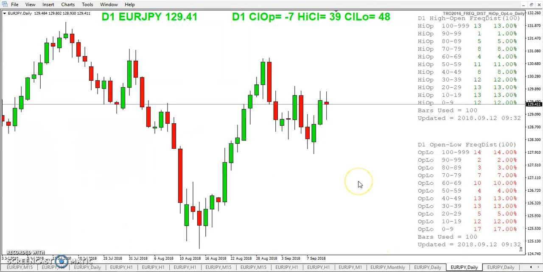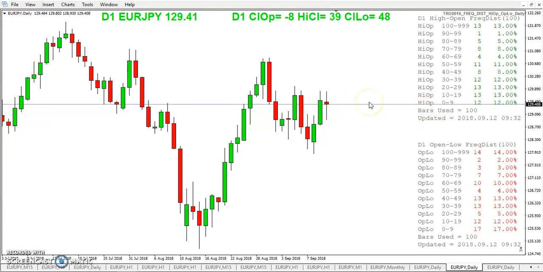Now, another one is the buy zone. High minus open and the open minus the low. So here on a daily basis, you can see right here, close to open is minus 8 pips.